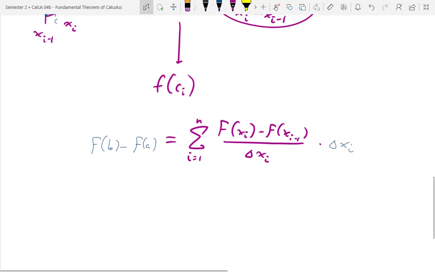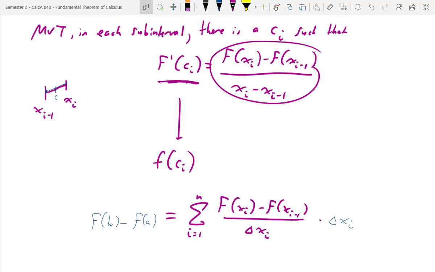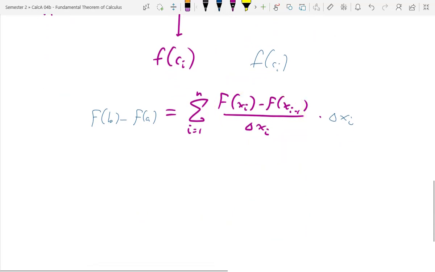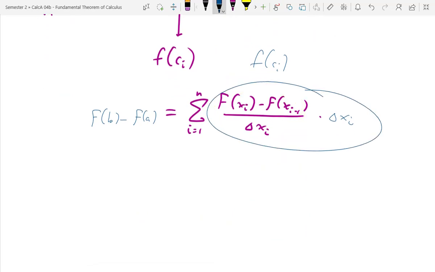So this is a little convoluted, and I'm going to go over this one more time here. We have that this whole thing right here is equal to f of c sub i. I have that this whole thing here, if I cancel those delta x i's out, is really just f of b minus f of a, because we established that already.